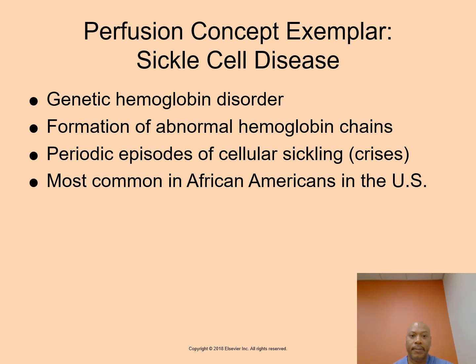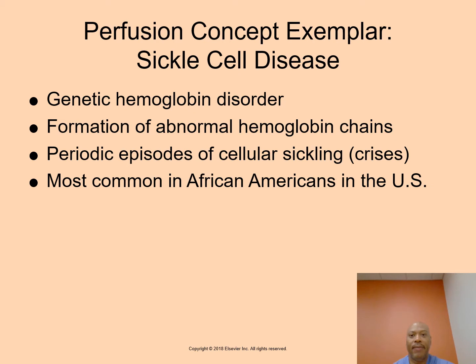All right. In sickle cell disease, about 40% or more of total hemoglobin is composed of abnormal beta chains, also known as hemoglobin S, as in Sam.